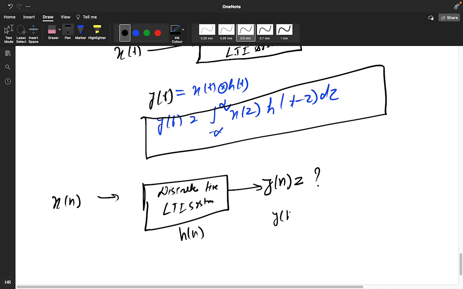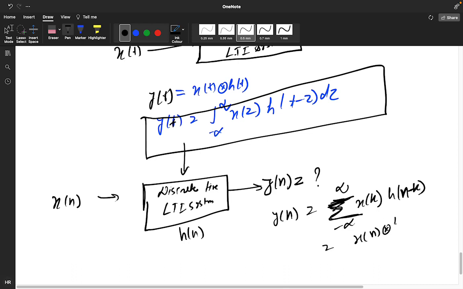Here in the time domain it is integration, but in the discrete domain we write summation, and the formula is the same: minus infinity to infinity, x of k, where k is an integer, and h of n minus k. So this is nothing but x of n convolution with h of n.